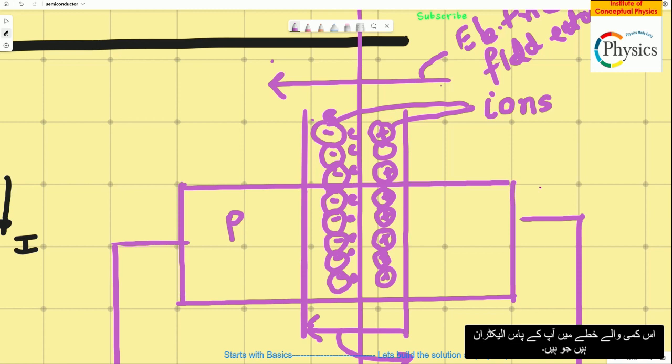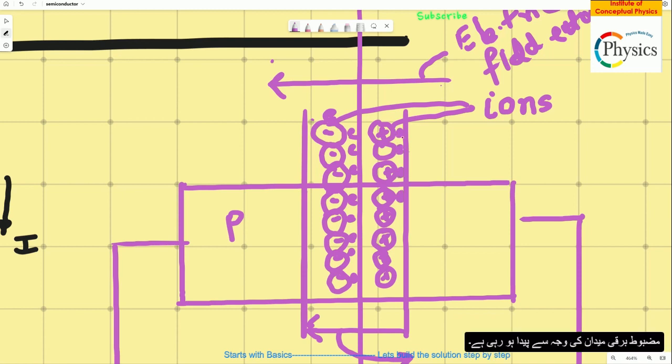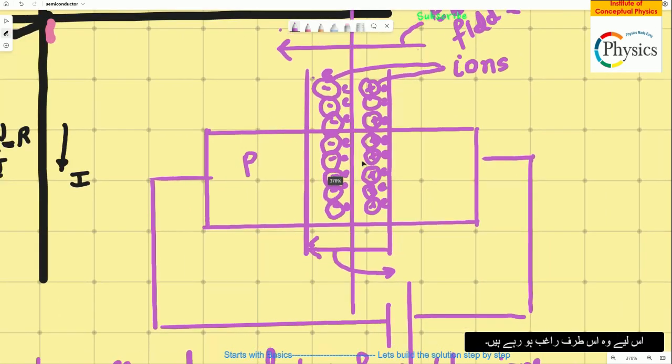In the depletion region, you have electrons which are getting created because of the strong electric field. And these electrons, obviously, if you see the battery, will get attracted towards the positive side of the battery, right? So they are getting attracted towards this side, from left to right. They're coming from the depletion layer, right?